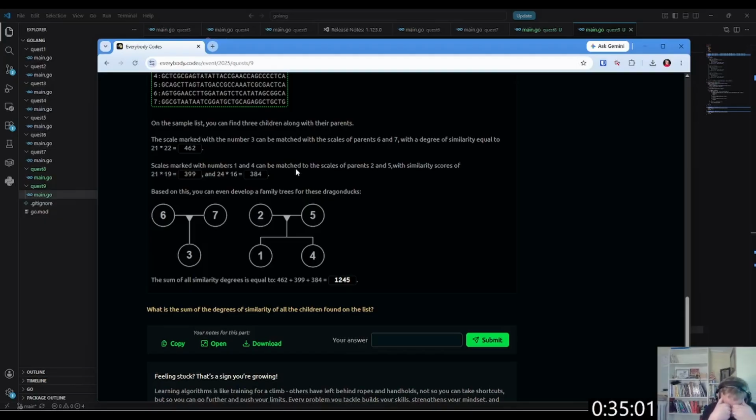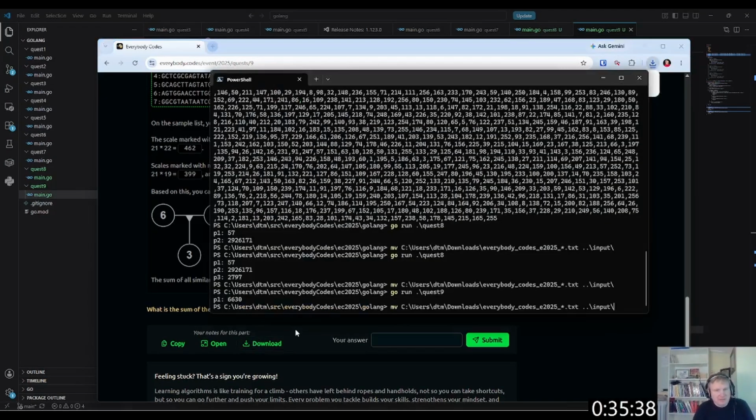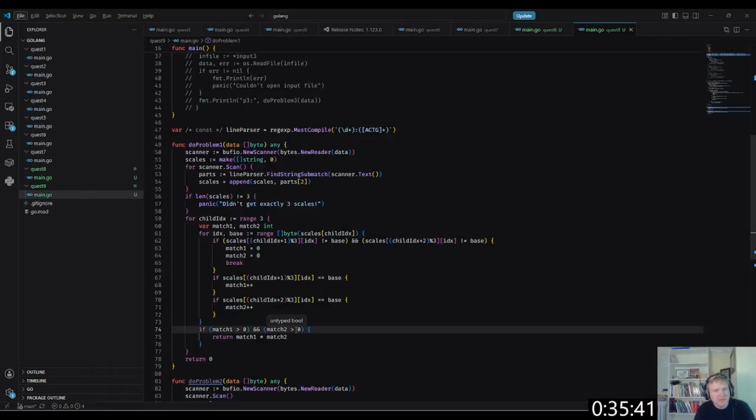Okay, so I think what I'm going to do, shoot, I have to determine, so I don't think I want to take all triplicate pairs, do I? First, let's download the data. Move the data over. Okay.